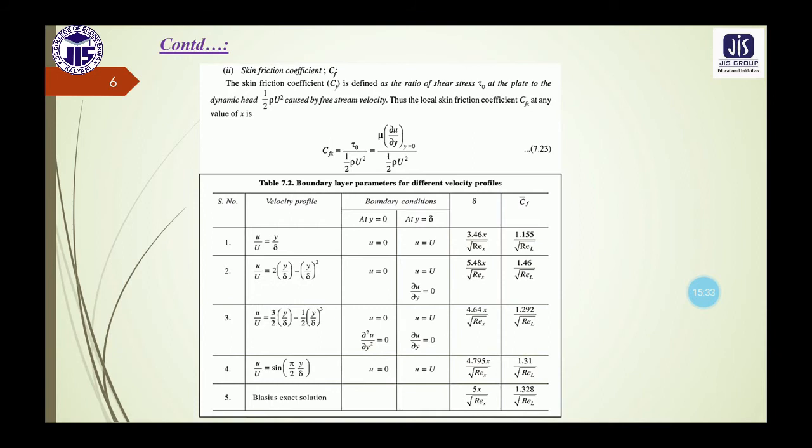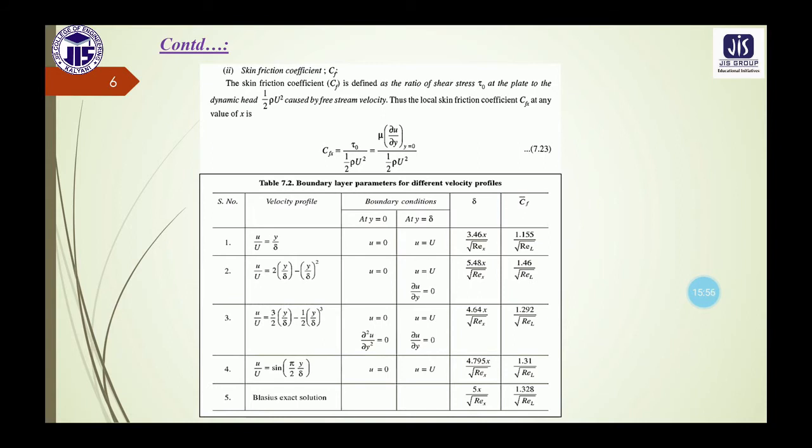So these formulas are written in this table. Here 5 different velocity profiles are written, and for each velocity profile, the formulas for the boundary layer thickness and skin friction coefficient or drag coefficient will be required to solve the numericals.